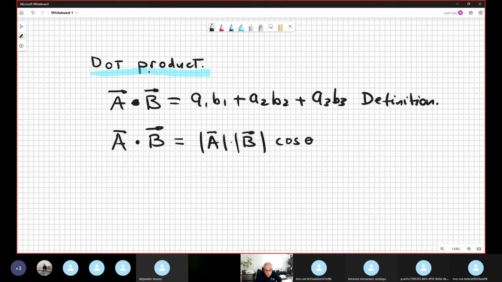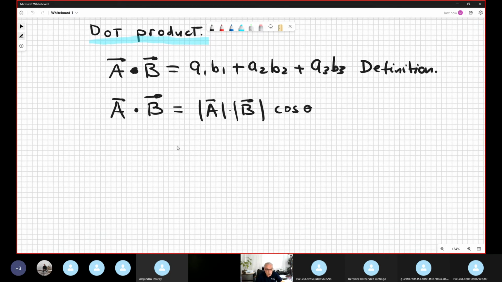And who is theta? Theta is the angle in between the vectors. So suppose the vector A and the vector B is something like that. And this is the famous theta. This is another formula. Not a definition, it's another useful formula for the dot product. Okay?